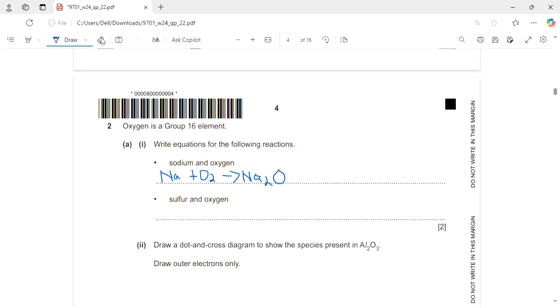It should be draw something distance away, because some number will be added to the right hand side or left hand side. So Na2O.